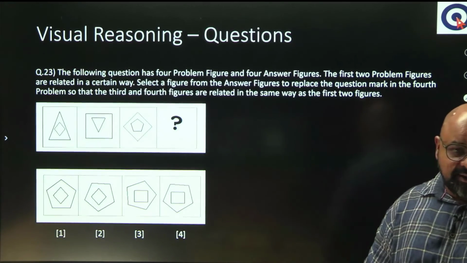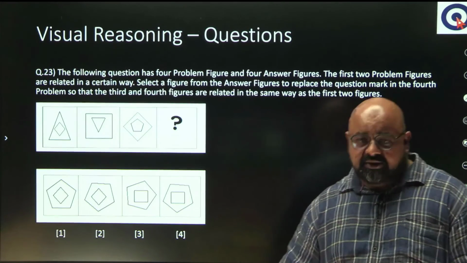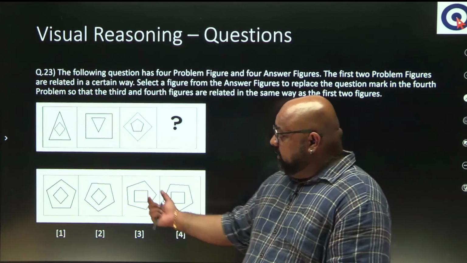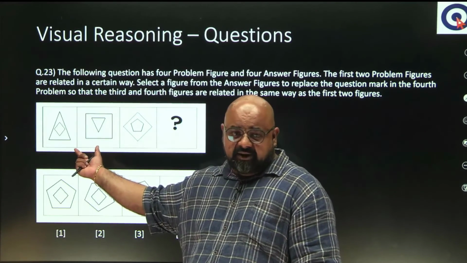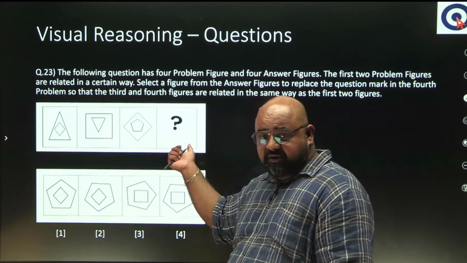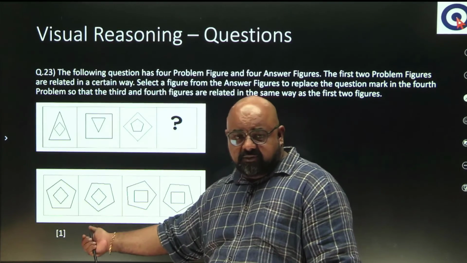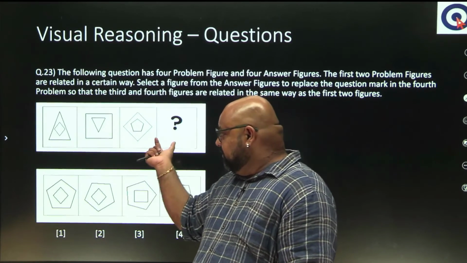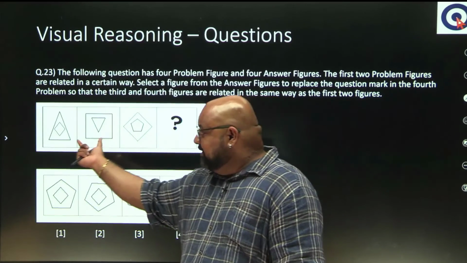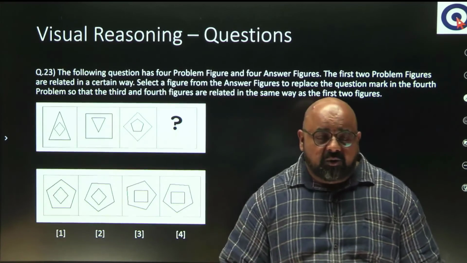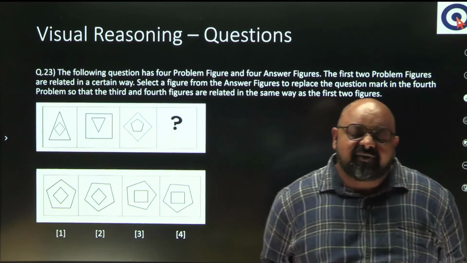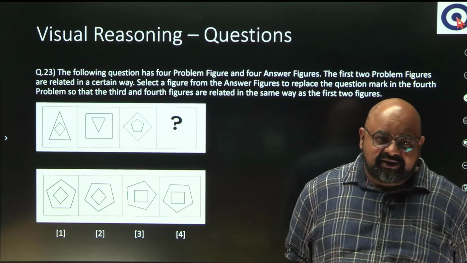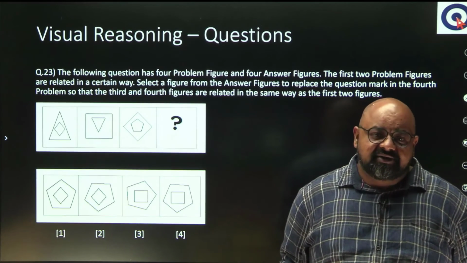Another question, for example, this is an analogy question. So here, these two figures are related in some manner. You have to find the fourth figure, one from the options, so that these two images are related just like the first two. Now what is the relation in the first two images? There is a triangle, there is a square in the first image.